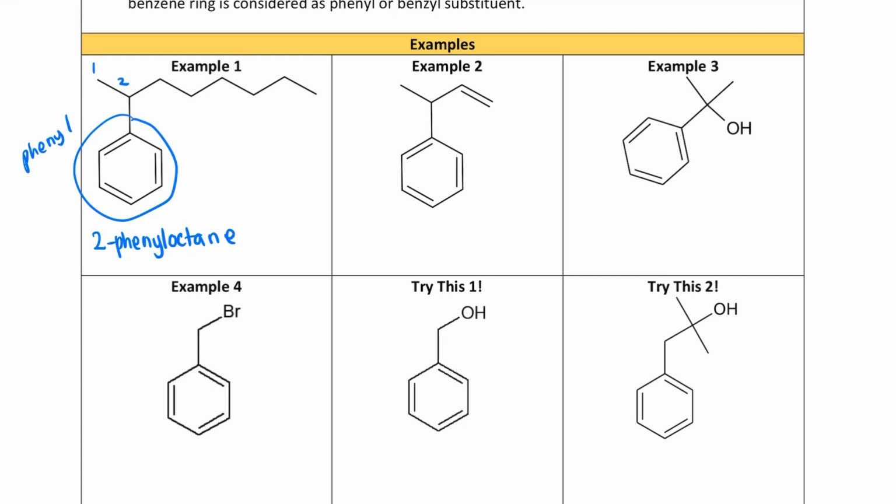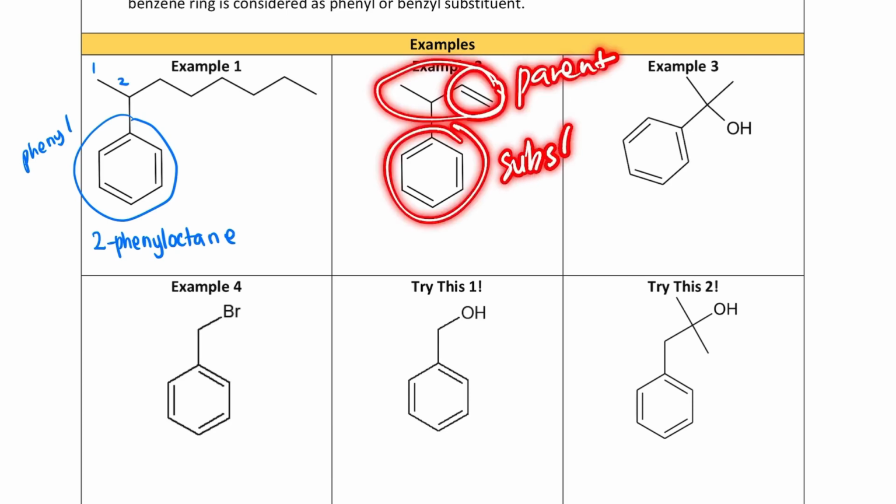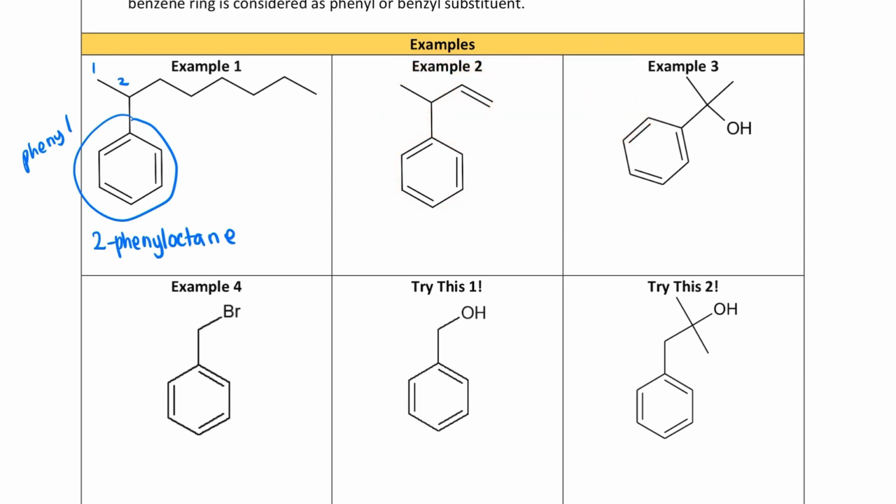Next is example 2. Okay, for example 2, kalau kita tengok benzene ada 6 carbon. Okay, over here ada 1, 2, 3, 4 carbon je. Tapi since this one ada double bond, so walaupun dia ada 4 carbon, dia akan jadi parent lah. Okay, so parent chain, and benzene ni akan jadi substituent. Okay, so next kita kena tengok lah, nak start counting number 1 dari mana. So ini kita kena apply rule alkene lah. Okay, kalau alkene, we start counting number 1 dari arah yang dekat dengan double bond, so which is kanan lah.